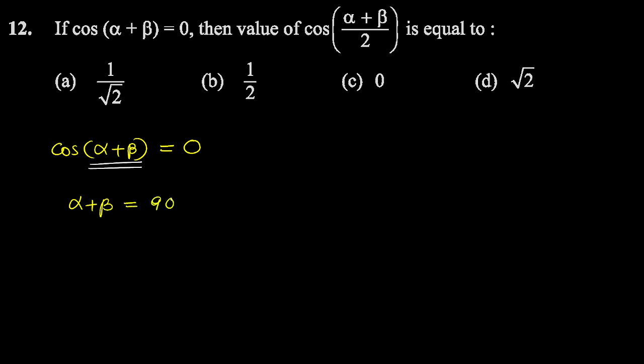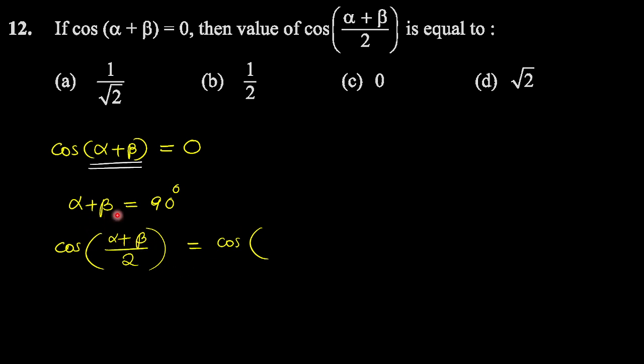So alpha plus beta must be 90 degree. What is our question? Our question is cos of alpha plus beta by 2. This alpha plus beta by 2 is inside cosine. Clear? Inside cosine. So this becomes cos of, what is this alpha plus beta?